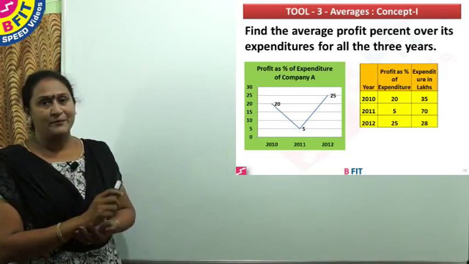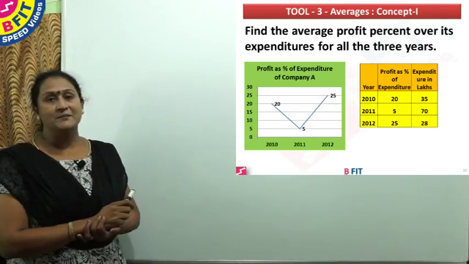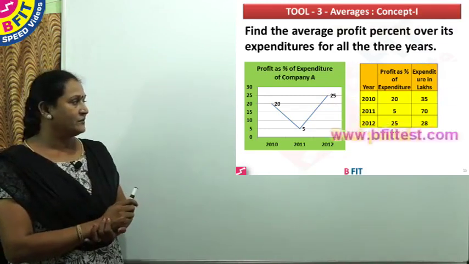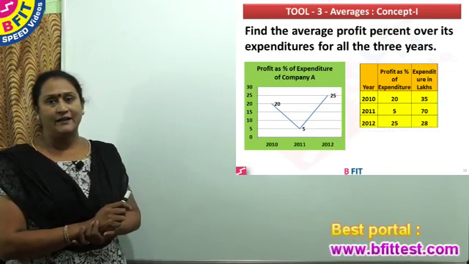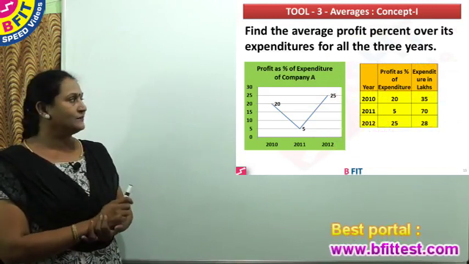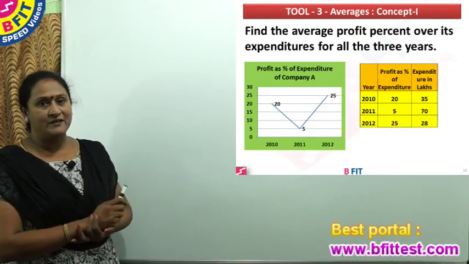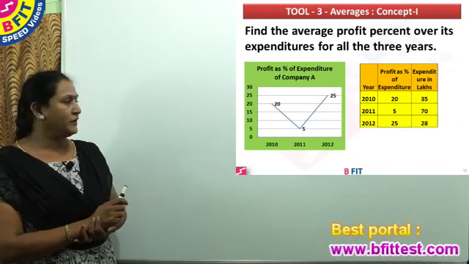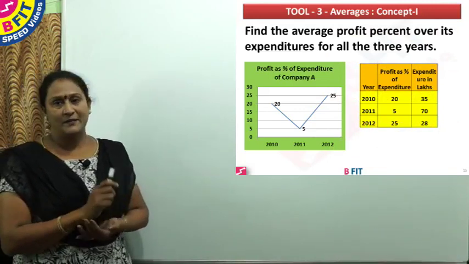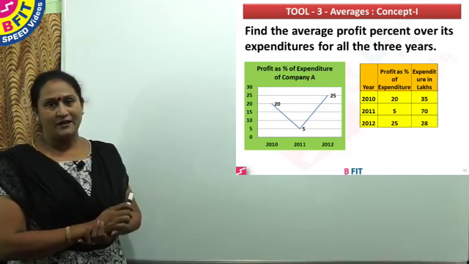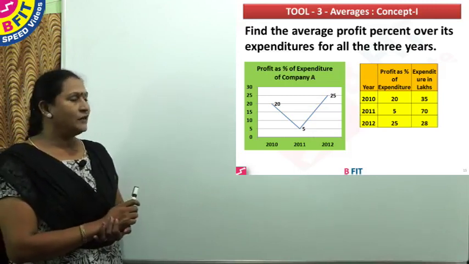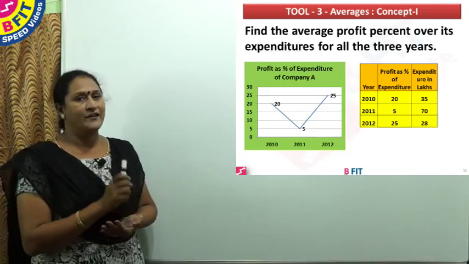So we have for company A, profit as percent of expenditure for the years 2010, 11 and 12. What is the profit percent based on its expenditure in 2010? It is 20%. In 2011 it is 5%, and in 2012 it is 25%.